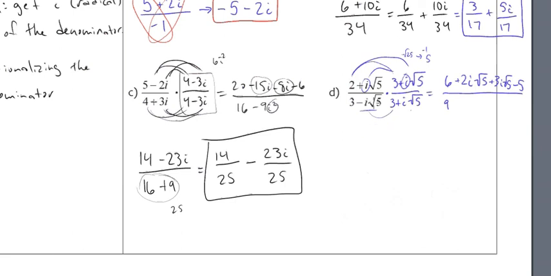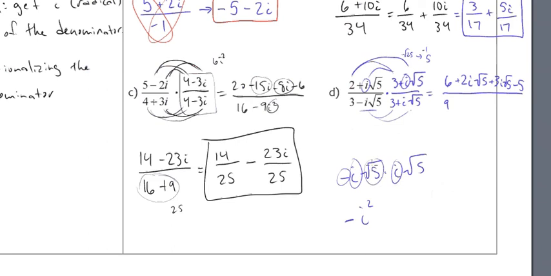And then we have the negative i times the square root of 5 times positive i times the square root of 5. And so that's going to give us, I'm going to do the work down here and then put it up here. Negative i root 5 times i root 5. Well, i times i, that's i squared. The negative out front. So negative, then i times i is i squared.